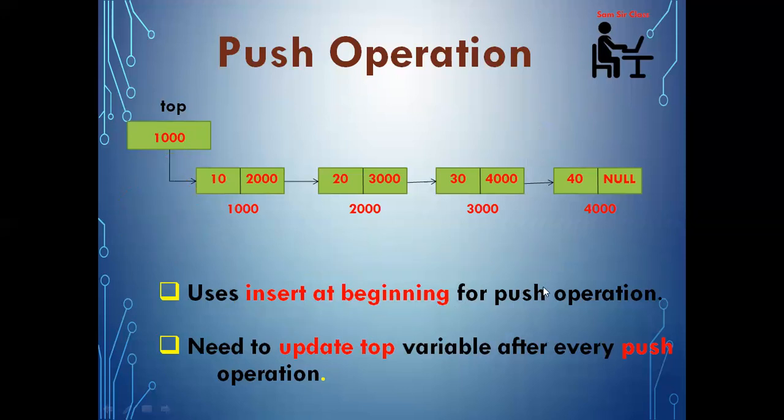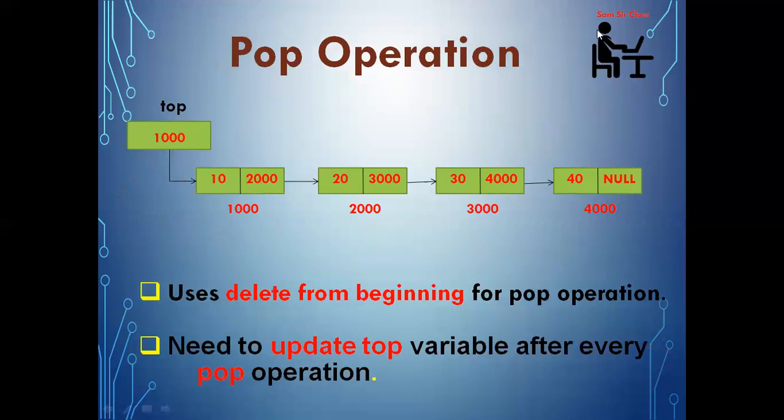Now, if we consider the pop operation, you will find the reverse. Top is currently pointing to 1000, or you can say the value 10. Whenever I call the pop operation, the topmost element should be deleted, so 10 should be deleted. If I'm deleting 10, the entire node will be deleted.